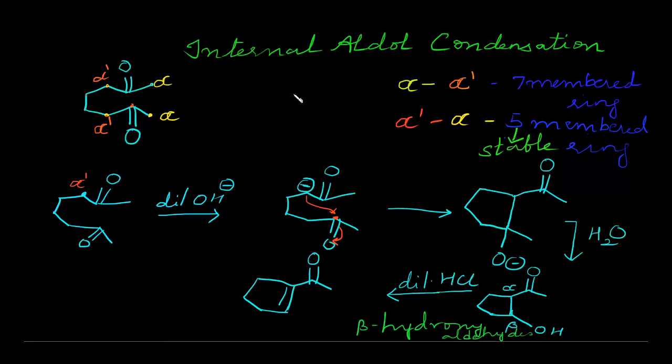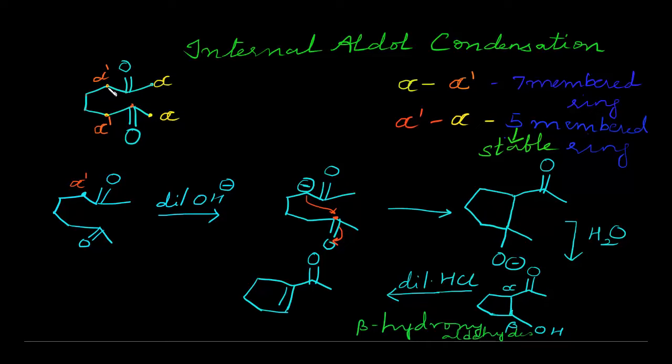In internal aldol condensation, you need to take care of the ring that could be formed. It should preferably be a 5-membered or a 6-membered ring. You will have different sets of alpha hydrogens.